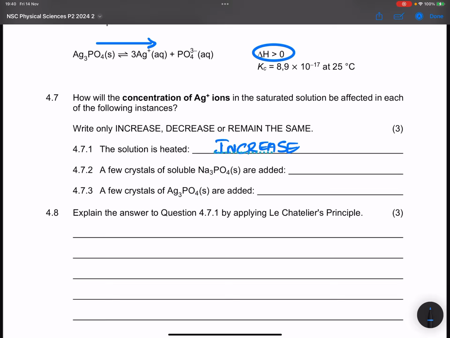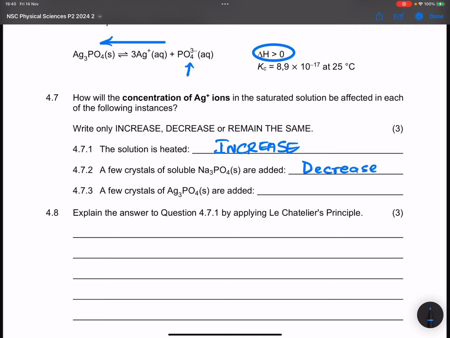Okay, now they say to us a few crystals of sodium phosphate. So remember, this is now, we are going to use the common ion effect. It means you are increasing the concentration of phosphate ions. That will cause the reverse reaction to be favored. Okay, and that would mean that the silver ions would decrease.